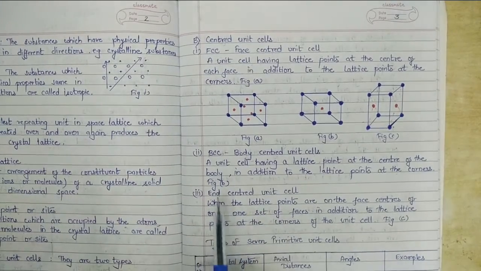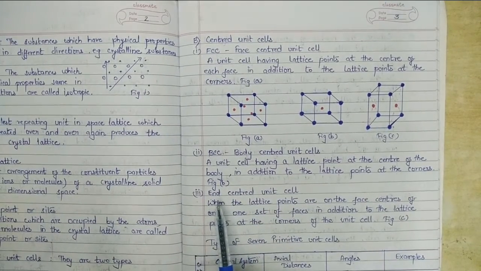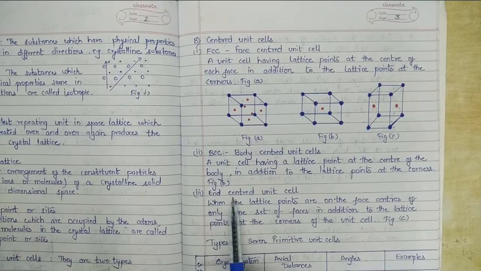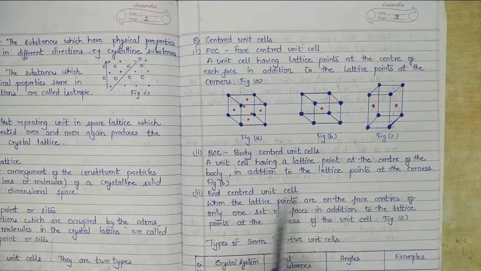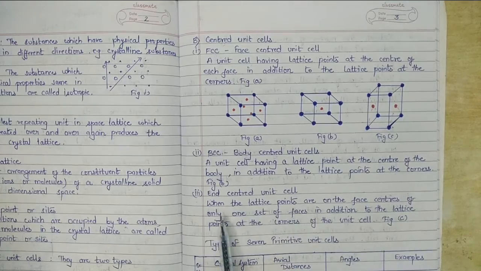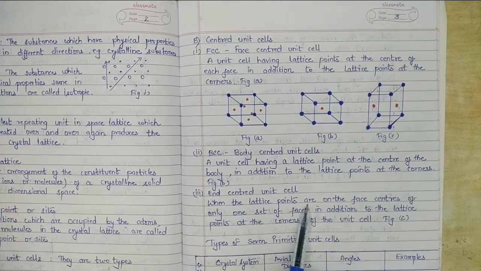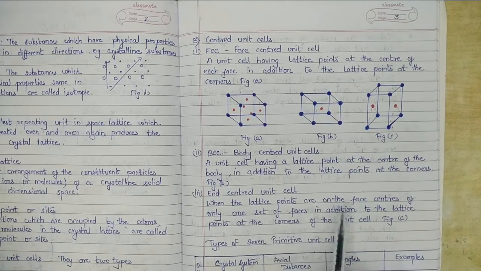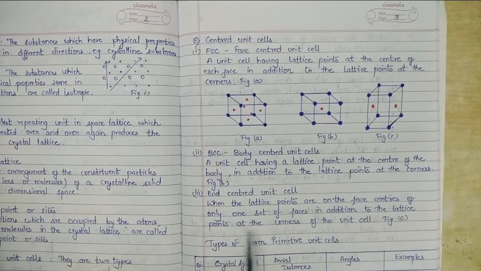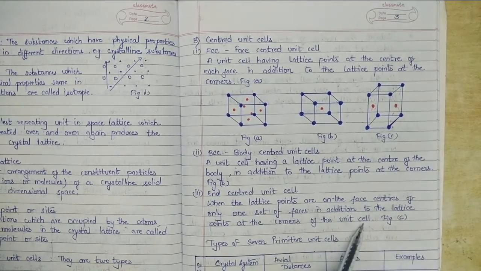Hello student, let us now study the third type of centered unit cell, that is the end-centered unit cell. So what is an end-centered unit cell? When the lattice points are on the face center of only one set of faces, in addition to the lattice point at the corner of the unit cell.